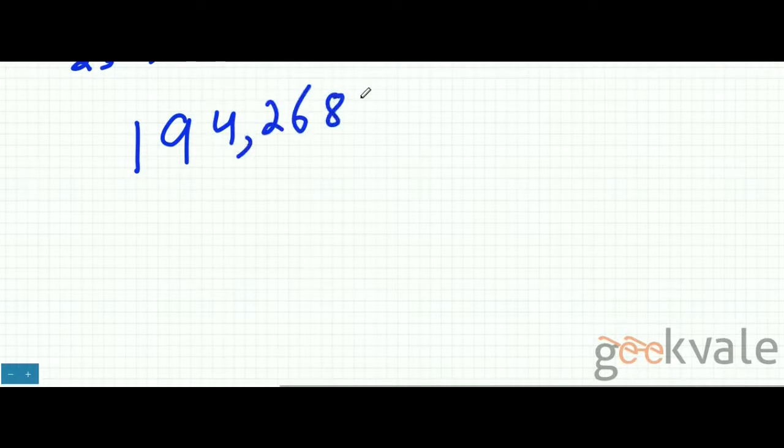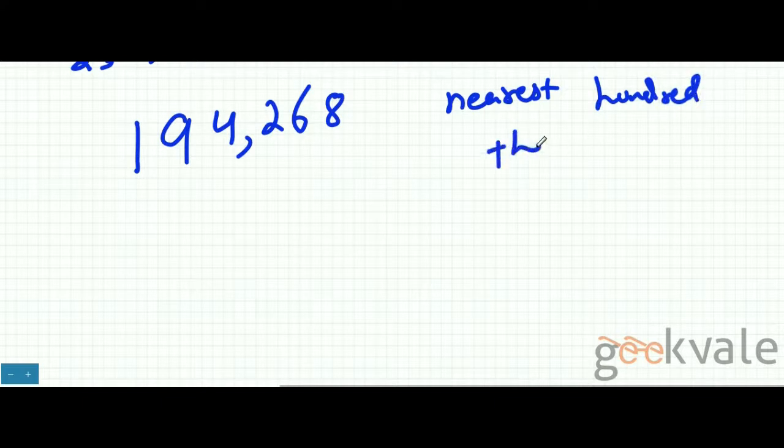Another example I want to try with you is a number like this, 194,268, and the question says round it to the nearest 100,000. First, you locate the digit at the 100,000 place value: ones, tens, hundreds, 1,000, 10,000, 100,000.